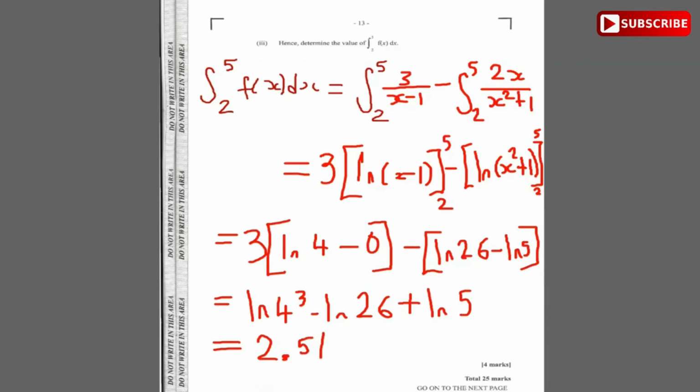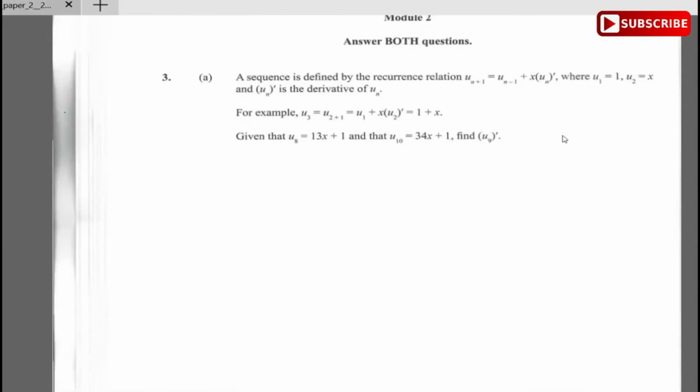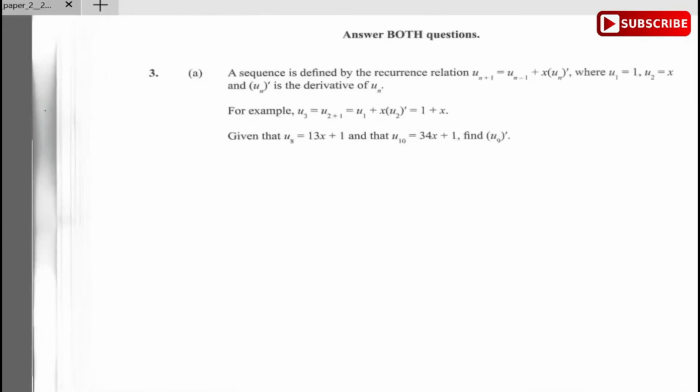Nice. Question 3 is module 2, and it says, a sequence is defined by the recurrence relation u(n+1) is equal to u(n-1) plus x times un prime, where u1 is 1 and u2 equals x, and un prime is the derivative of un.